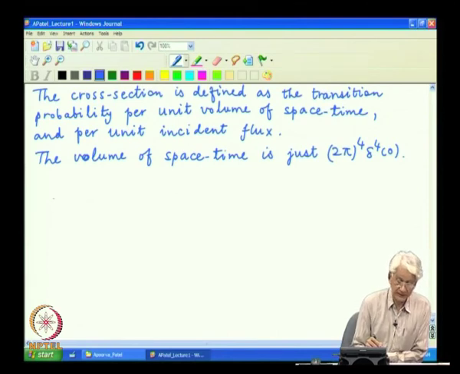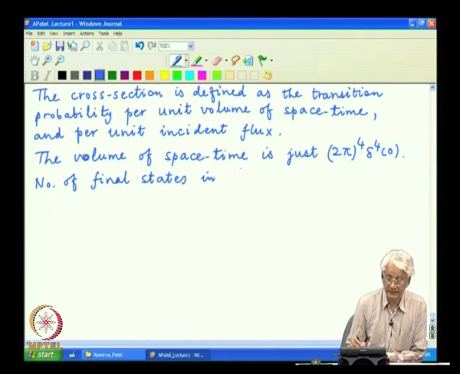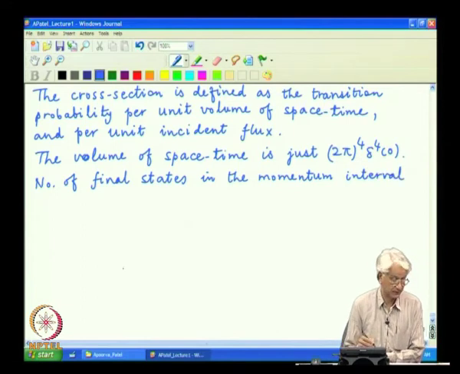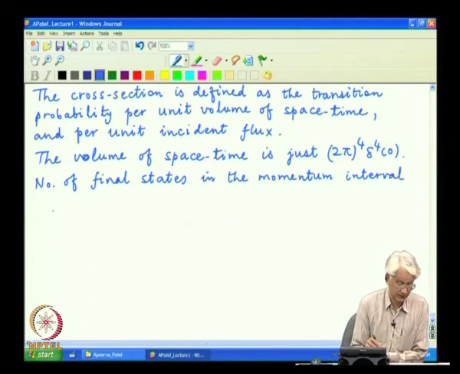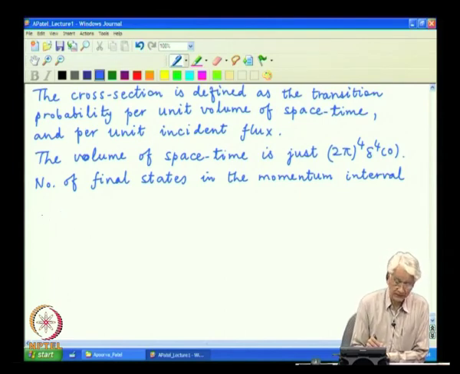One needs also the number of final states in a specific momentum interval, because the cross section is defined for going from one specific state to another, and they are defined in terms of certain differential volumes.